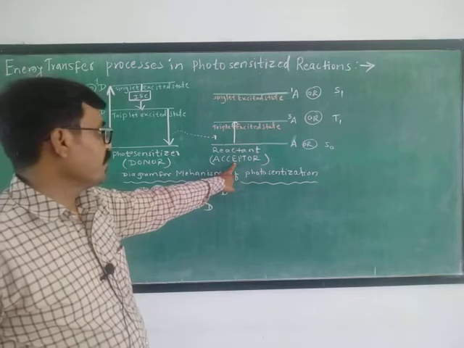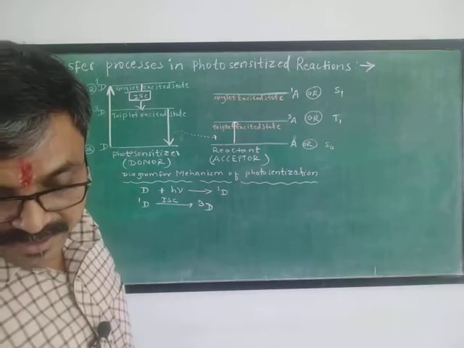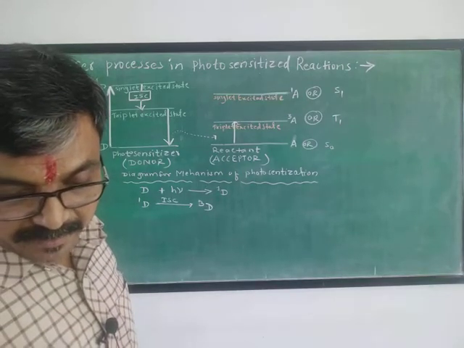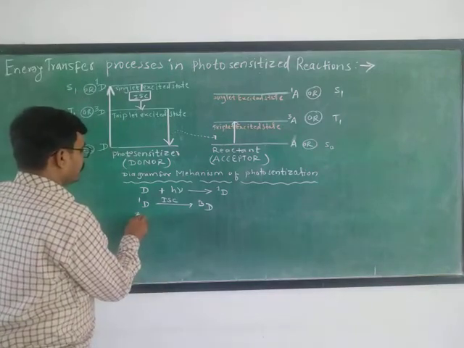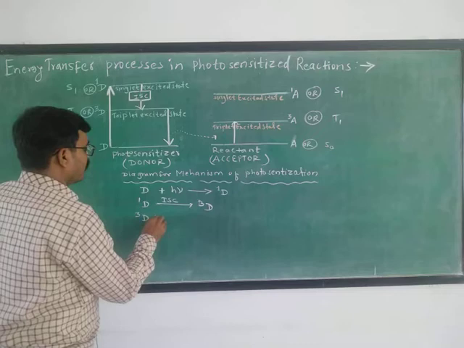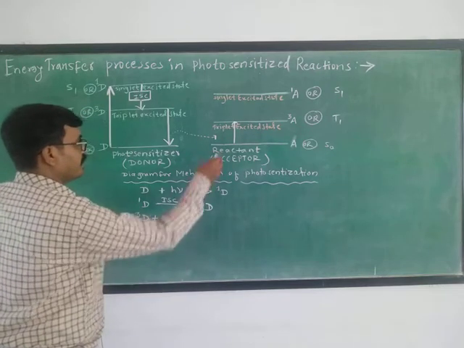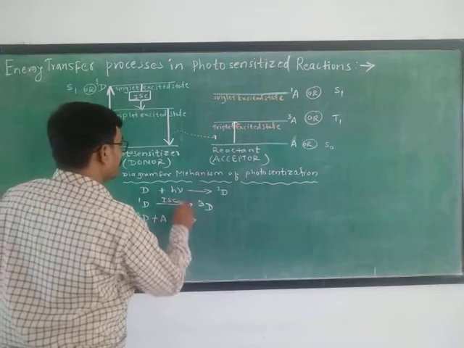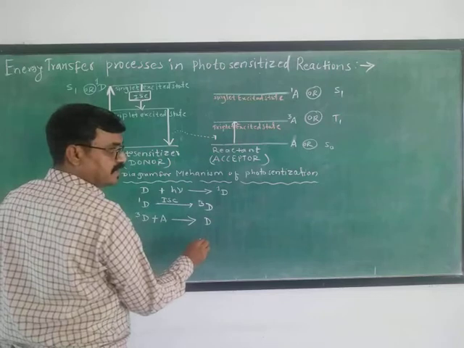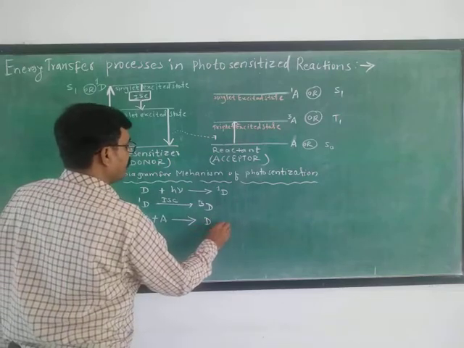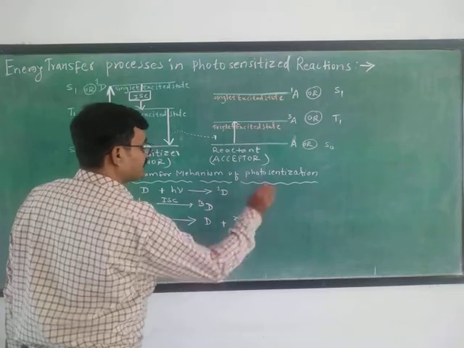is called quenching. That's why, after this inter-system crossing, what happens? The triplet state of the donor collides with the reactant A, and what does it give? It may give the donor D, it comes down to donor D, which is the quenching reaction, or it may give the triplet state of the acceptor.